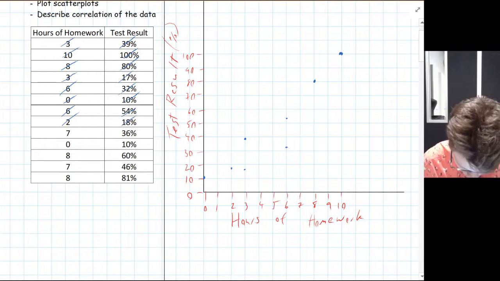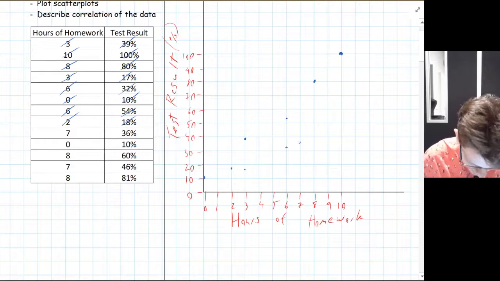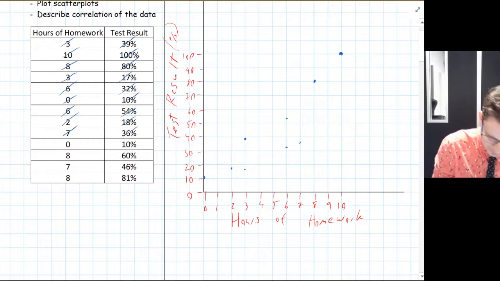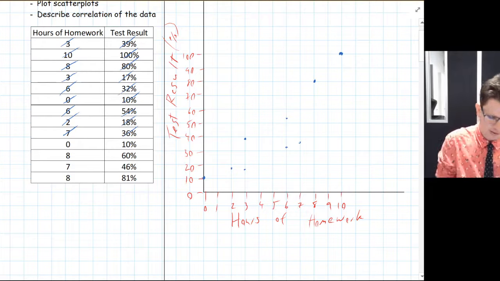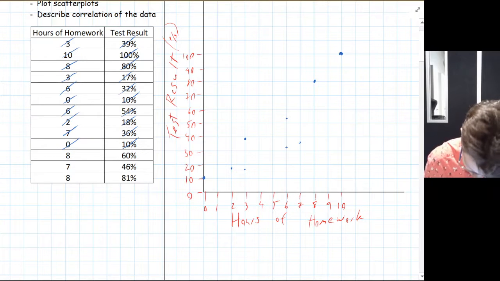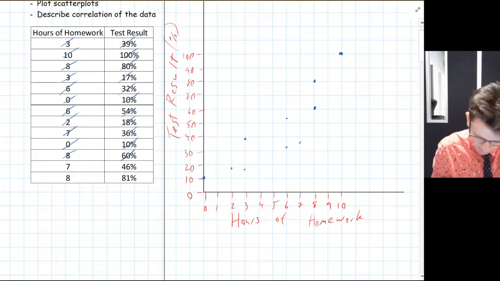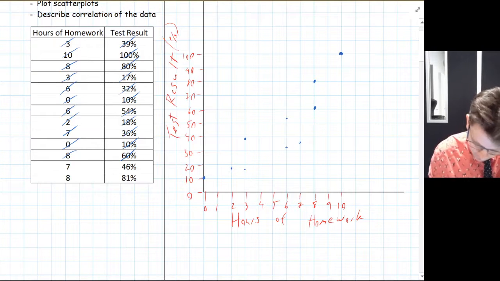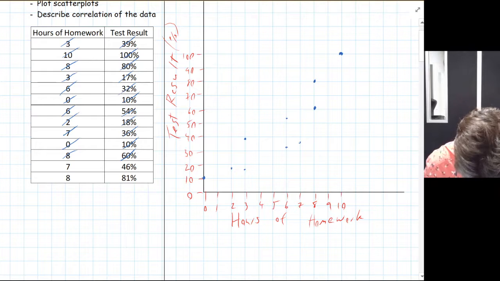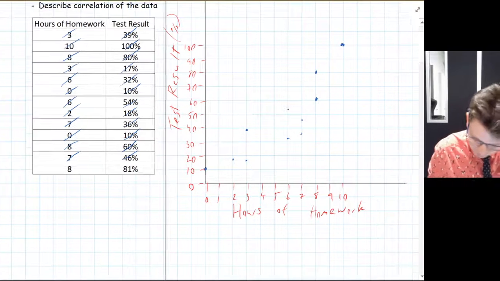It takes a bit of patience and a bit of time. It's not too difficult once you've gone through. Got 2 points in the same spot. Doesn't matter, just draw one. And lucky last point.